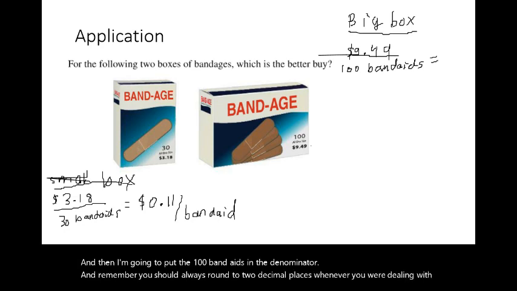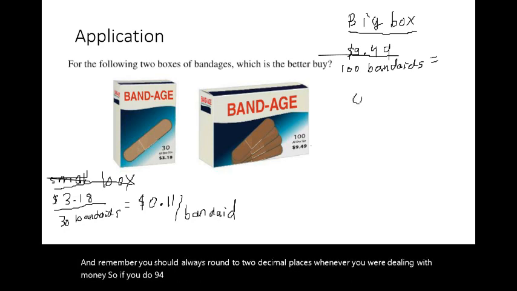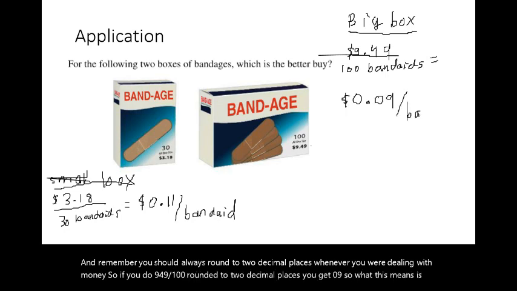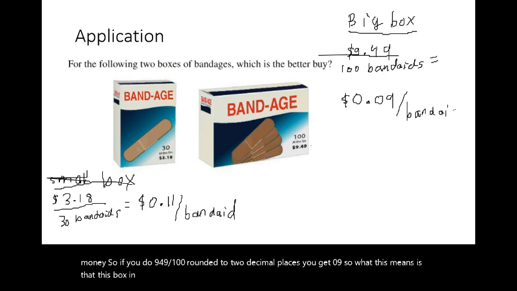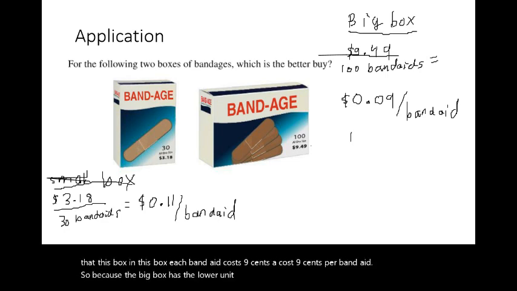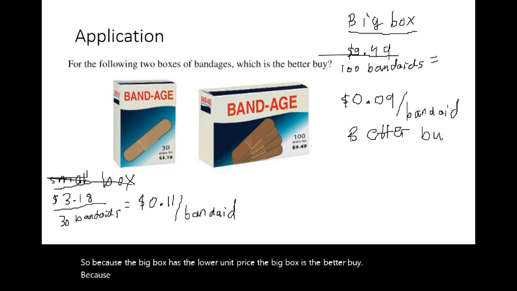So if you do 9.49 divided by 100, rounded to 2 decimal places, you get 0.09. So what this means is that in this box, each Band-Aid costs 9 cents. So it costs 9 cents per Band-Aid. Because the big box has the lower unit price, the big box is the better buy, because in the end you are paying less per Band-Aid if you buy this bigger box.